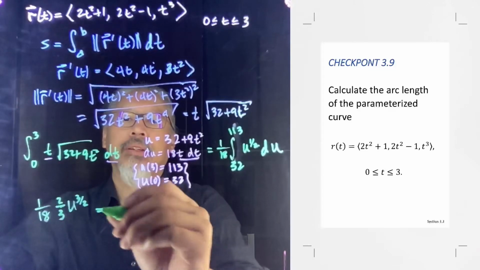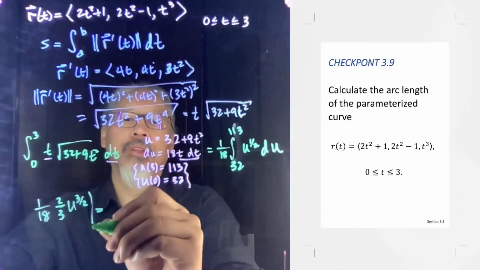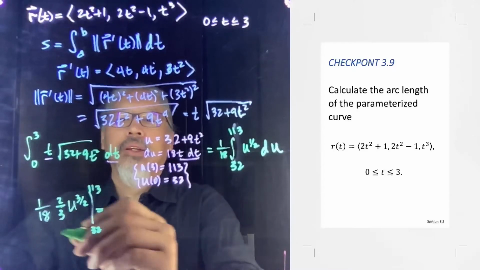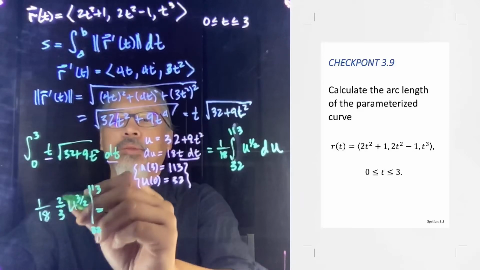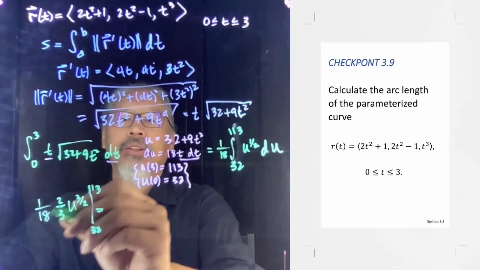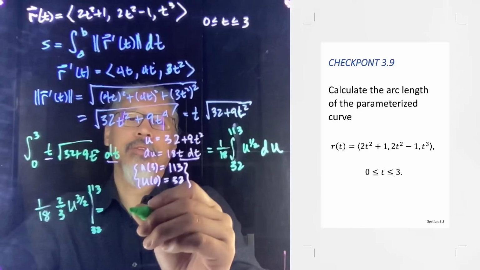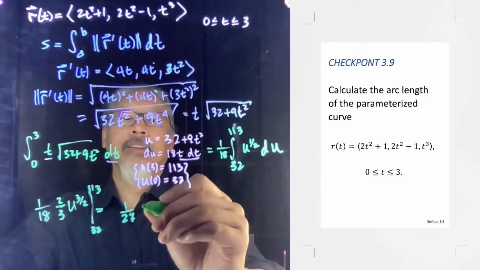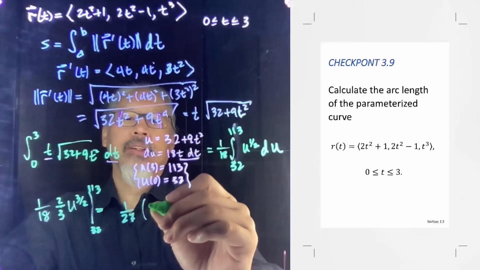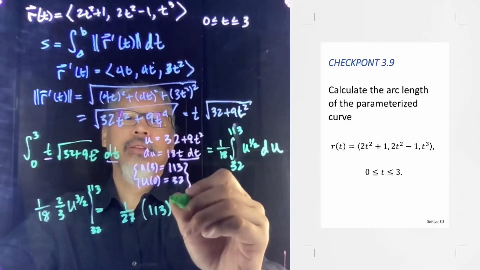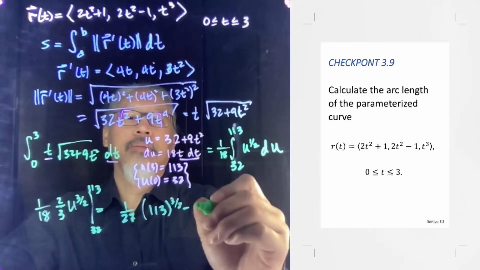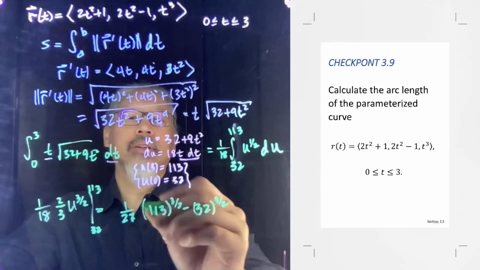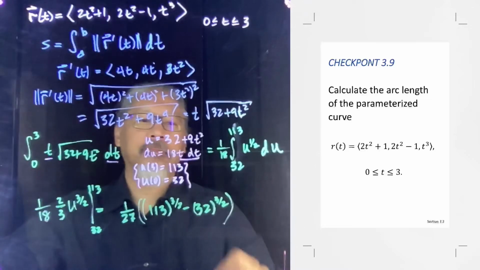And this is going to be evaluated with the new u limits, 32 to 113, and then simplifying, the 2 and the 18 give 9 times 3, so 1 over 27. And then this is 113 to the 3/2 minus 32 to the 3/2.